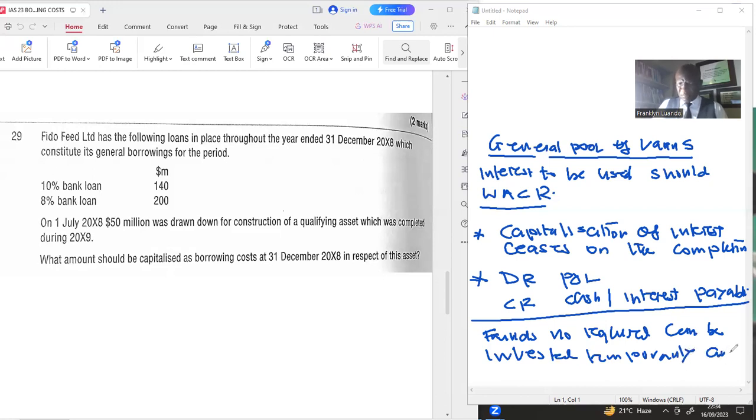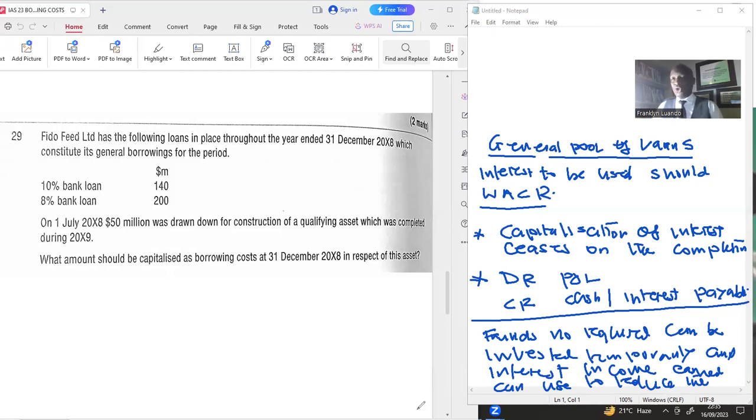And the interest income earned, very important, the interest income earned can be used to reduce the interest to be capitalized. Funds not required now can be invested temporarily, and the interest income earned can be used to reduce the interest to be capitalized.